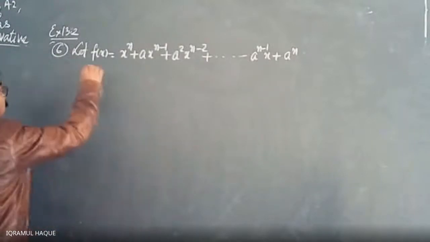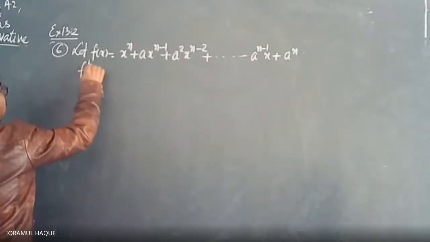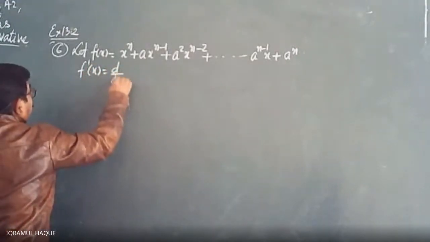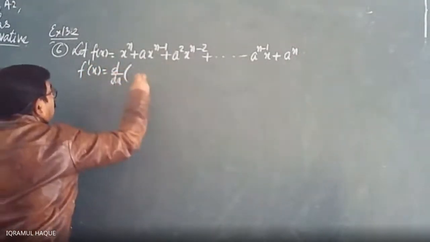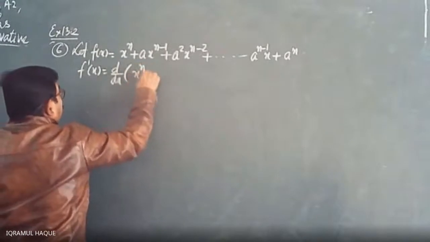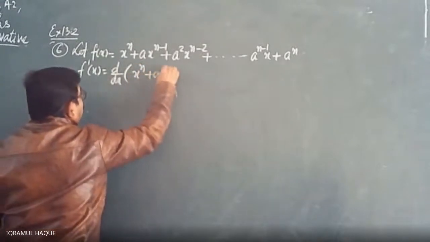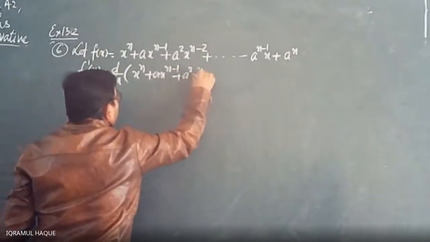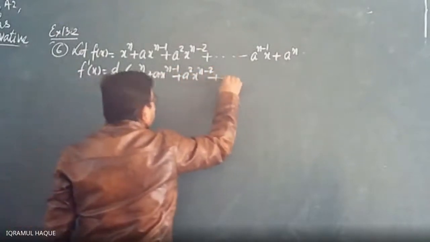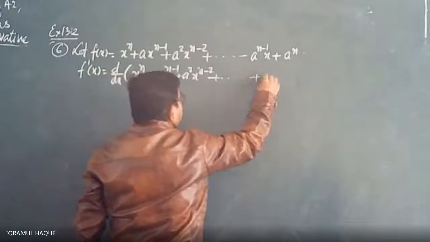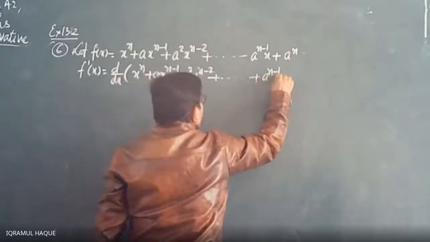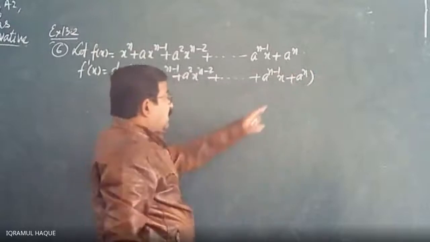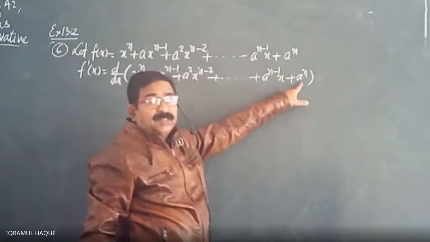So f dash x is equal to d/dx of all these together, x to the power n plus a x to the power n minus 1 plus a squared x to the power n minus 2 plus so on plus a to the power n minus 1 x plus a to the power n. See, this is constant. This becomes 0.